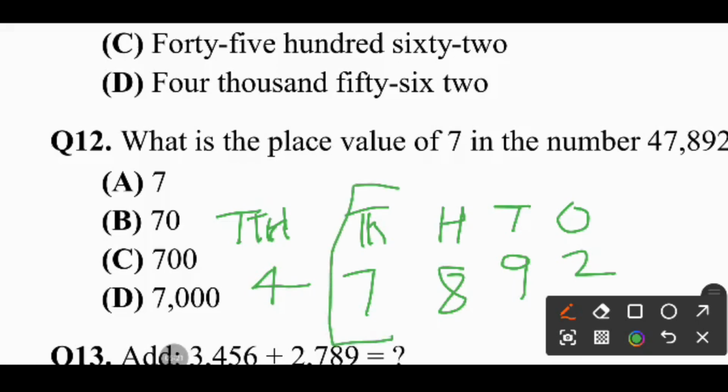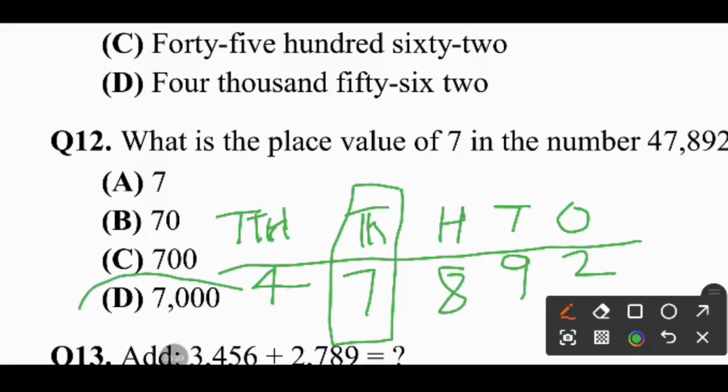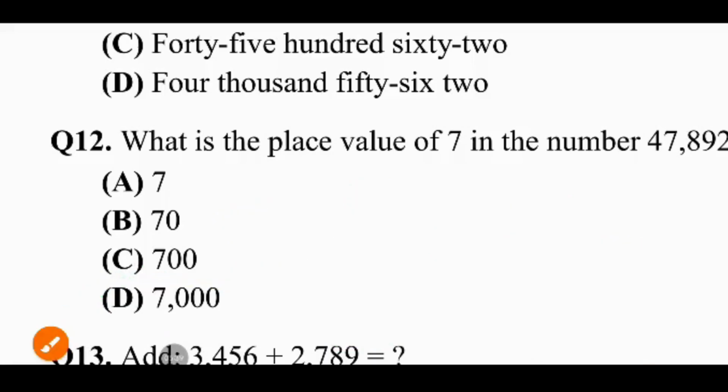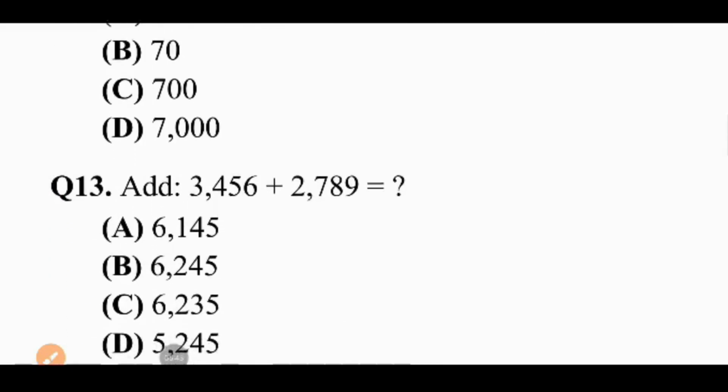We have to find the place value of this number. The position of this 7 is thousands. So the right answer will be D, 7,000. I hope you understood this. If not, write in the comments. I'll explain place value and face value again.